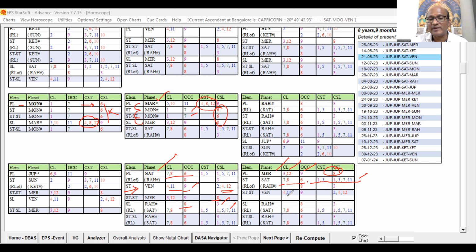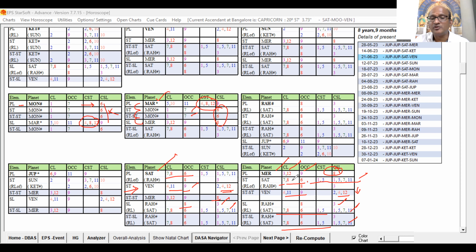Now, the star level planet is okay, only that strength is a little reduced, but strength is not completely reduced. Sublord is Rahu 8 and 3. You can see this, right? This signification. So it means what? Mercury star level planet having favorable signification despite some weakness. That weakness is reduced. Sublord also favoring.